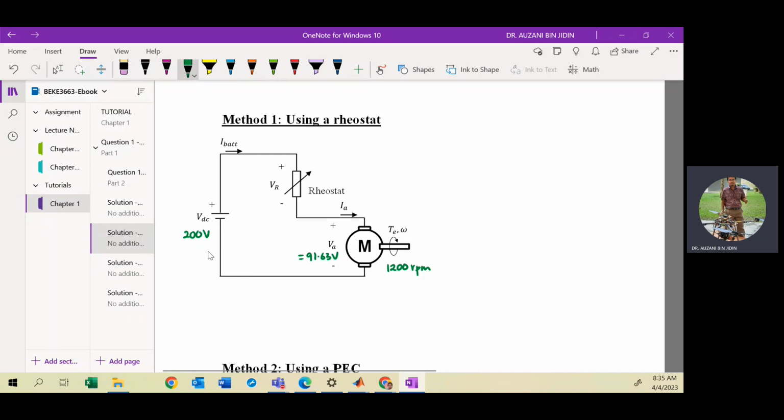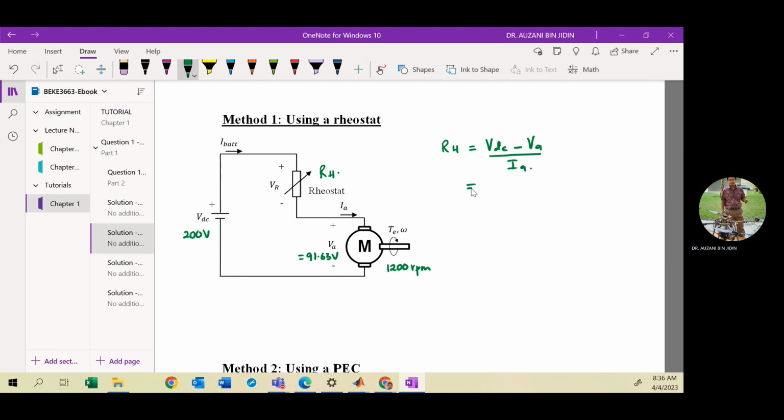In order to step down the voltage from 200 volt to 91.63 volt, you must calculate an appropriate value of the rheostat resistance, the RH here. To calculate RH, you can apply this equation: the difference between the input and the armature voltage, divided by IA.